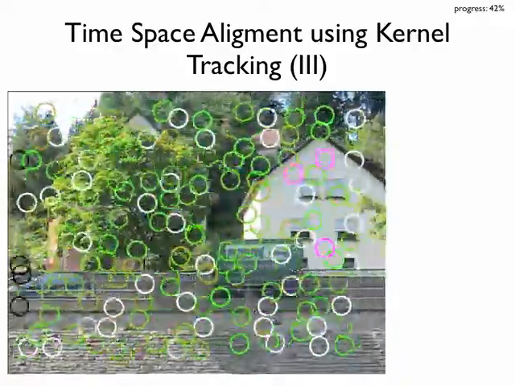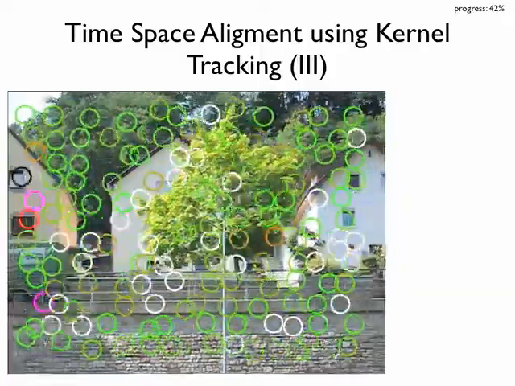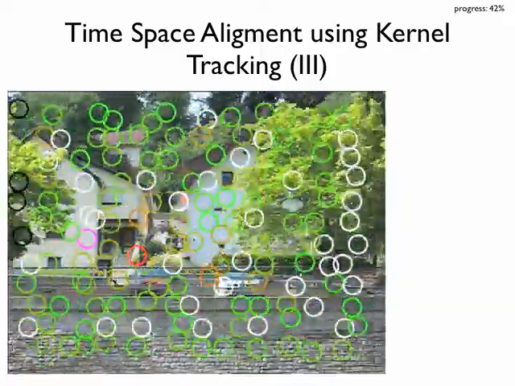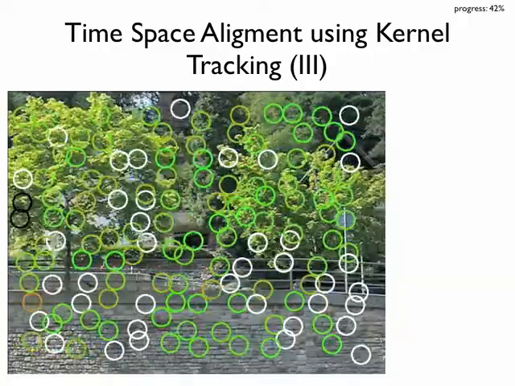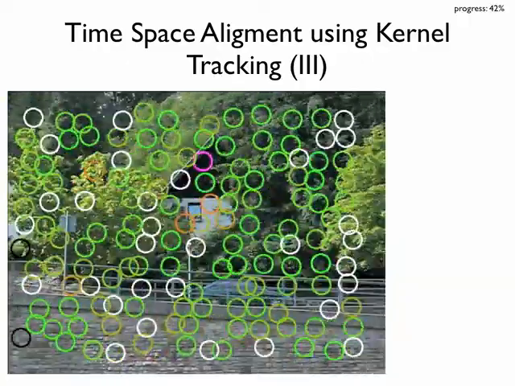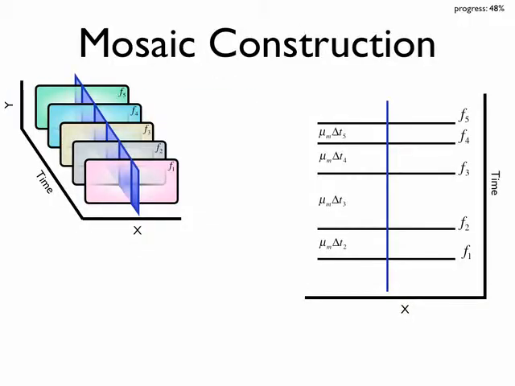To do so, what we do is cut the space-time volume, and then depending on its time in the space-time volume, we select different regions from each frame, and then these regions are projected to the mosaic image, resulting in the final mosaic image.